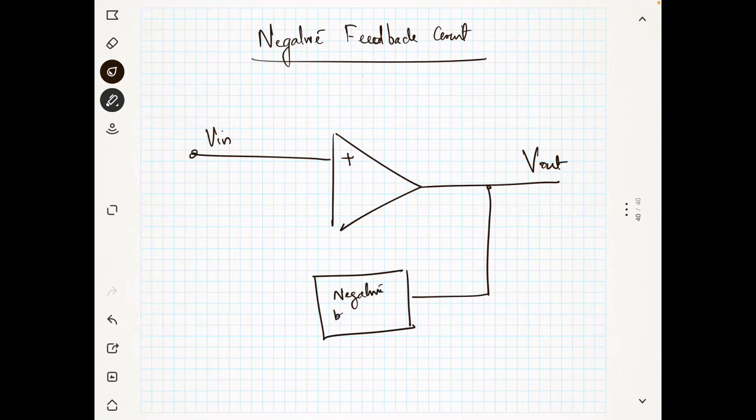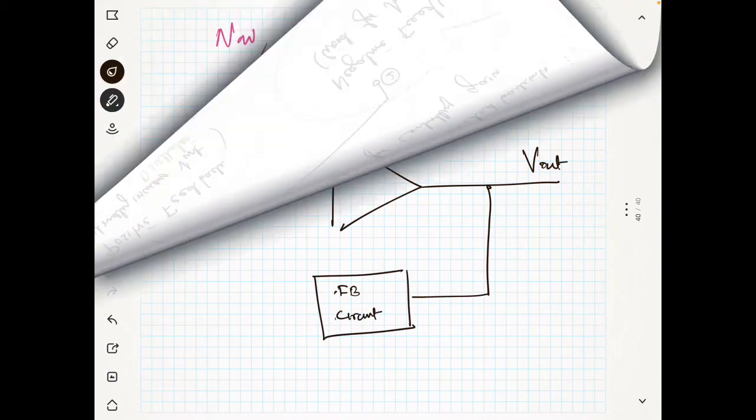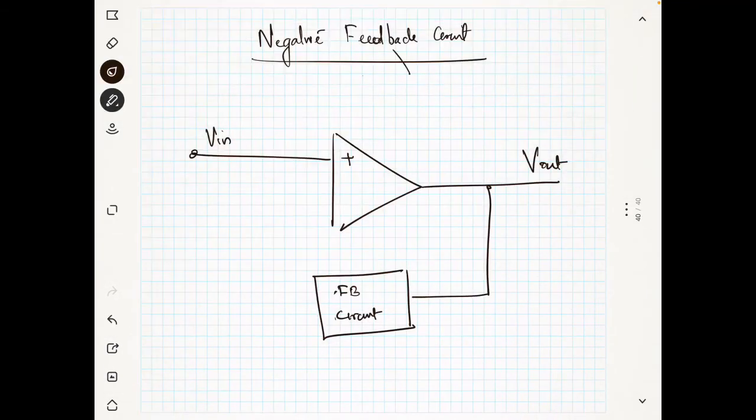I will be using FB for feedback, not Facebook. FB is the negative feedback circuit, and you see here I am connecting my feedback input at the negative terminal. If I am getting some voltage here, let's say Vf, I can represent my overall input as Vd.